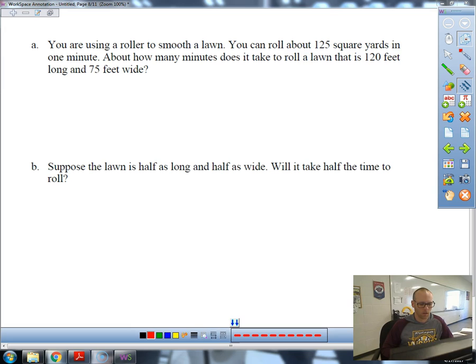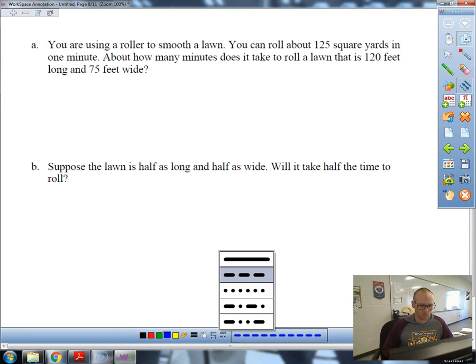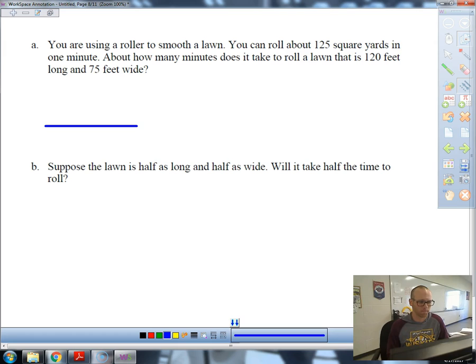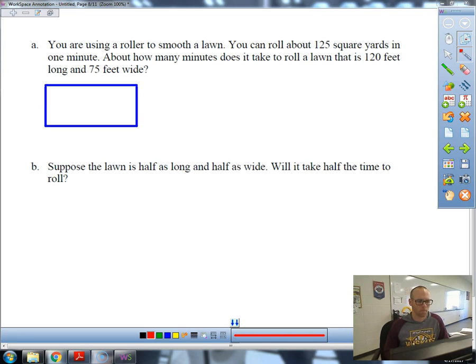Well, let's sketch this. When it gives the dimensions like this, 120 feet long and 75 feet wide, I think it's safe to assume that this lawn is in the shape of a rectangle. We've got 120 feet and 75 feet.